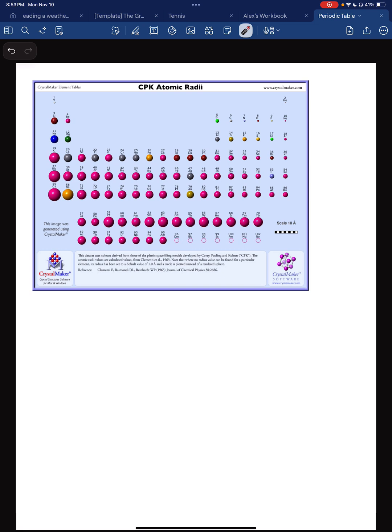So the question is, what increases when we go from one period to the next? Remember that here is period 1, period 2, period 3, period 4, 5, and 6. These are showing you the different rows. So what increases when you're going from left to right?